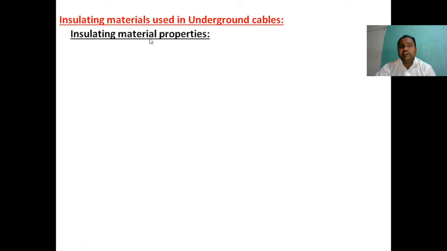Insulating material properties. What properties must the insulating material maintain? One by one we discuss. First, high insulation resistance to avoid leakage current. The insulation must block the current, so it must have high insulation resistance to avoid leakage current.